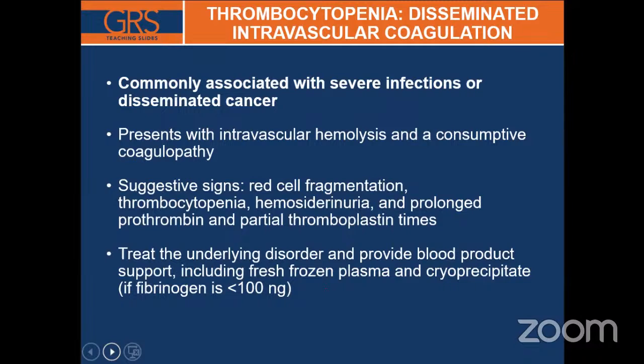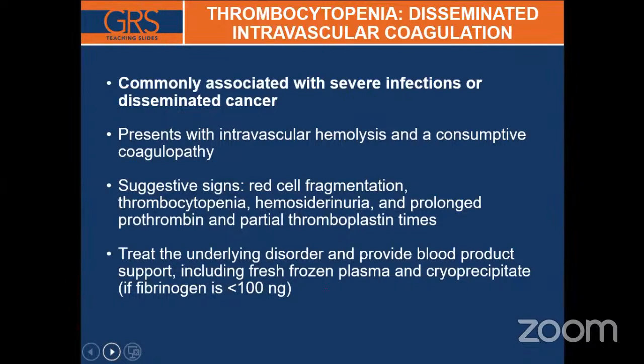Hemosideruria, which means after hemolysis, the hemosiderin starts to come out in the urine. There's also prolonged prothrombin and partial thromboplastin times, because like I said, coagulation factors are being consumed, which means that there's not enough coagulation happening, i.e. bleeding. So these times would be prolonged.